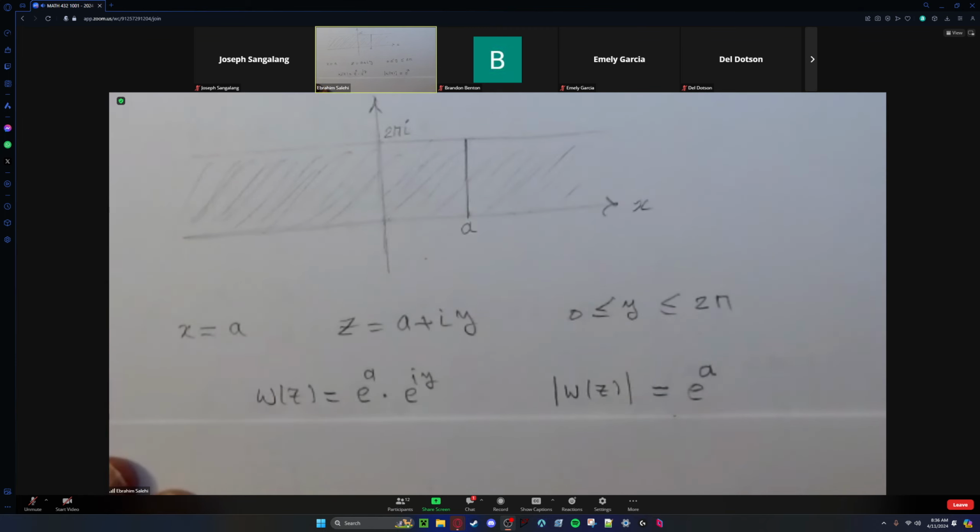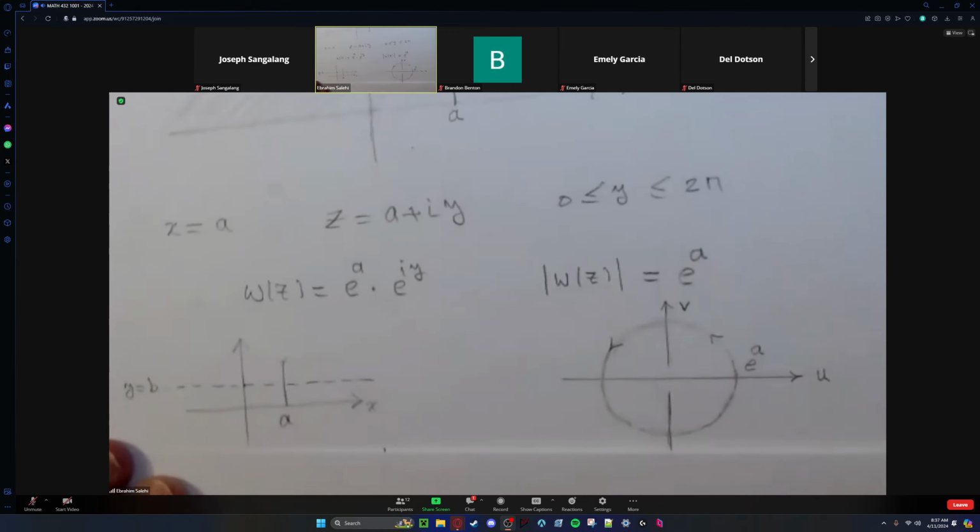When x is a, the modulus of e to the iy is 1, so all the points of this form will be on a circle of radius e to the a, because the modulus is e to the a.